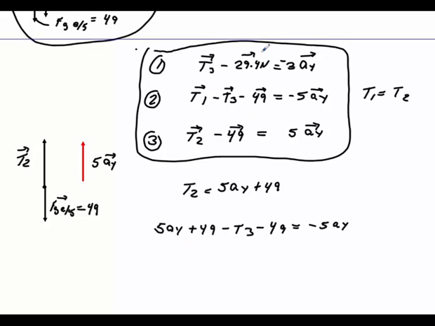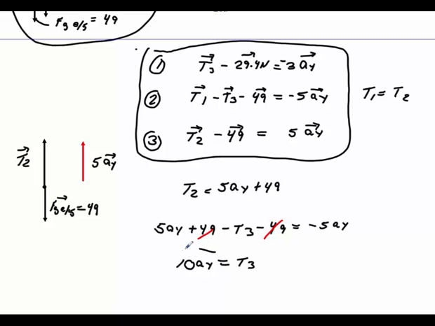Now you note here that my 49s are going to cancel out here, and, yes, it is right, that is 49. Cancel out there and there. So I can just go ahead and solve, and then I'll move T3 to the other side, move the 5AY over. That's going to give me that 10AY is equal to T3.